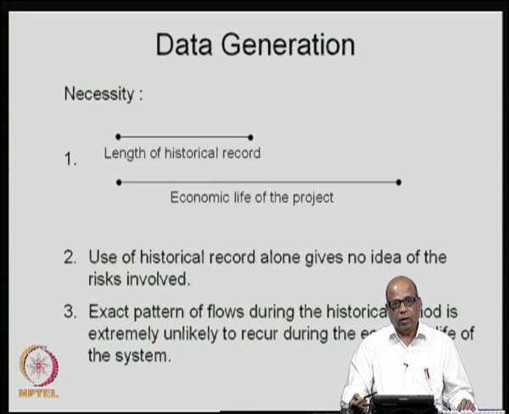The first level of data generation that we will introduce in this course now is if you have, let us say, the probability distribution of a particular variable. Let us say you are talking about stream flows, and from the last 30 years of observed data you have an estimate of the parameters, let us say mean, standard deviation, etcetera, that we have learnt earlier in this course.